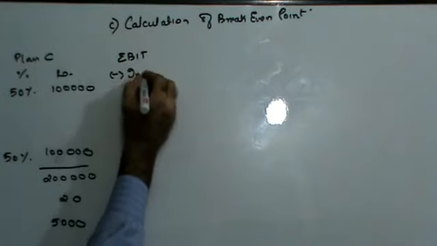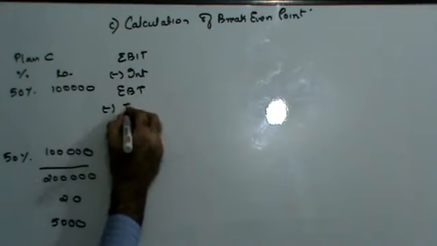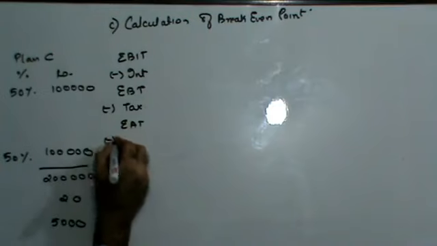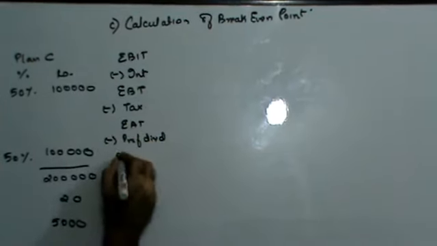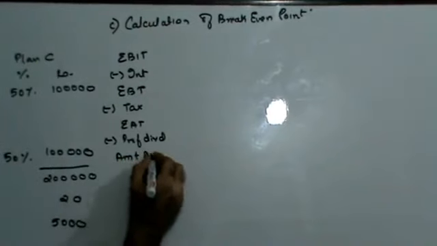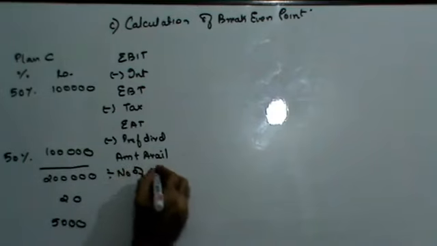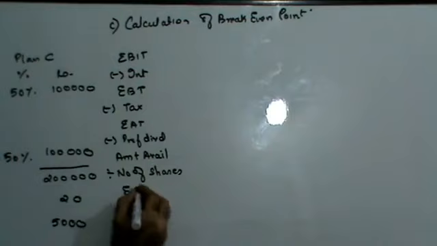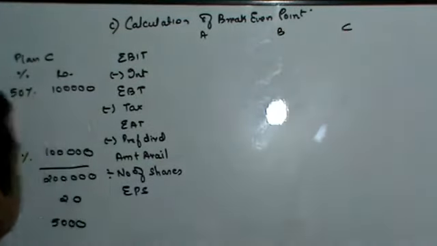EBIT less interest gives you EBT, less tax gives you EAT, less preference dividend gives you amount available to the equity shareholders, divided by number of shares will give you EPS. Plan A, Plan B, Plan C.